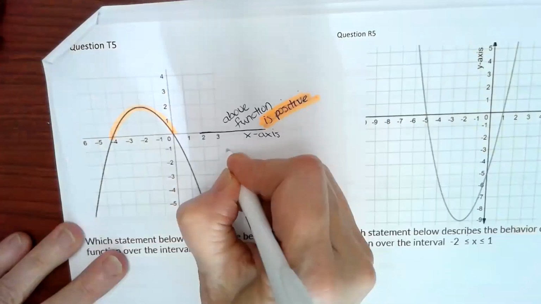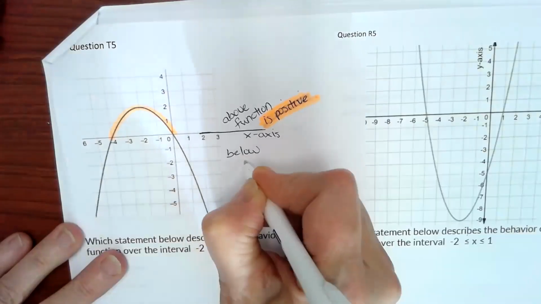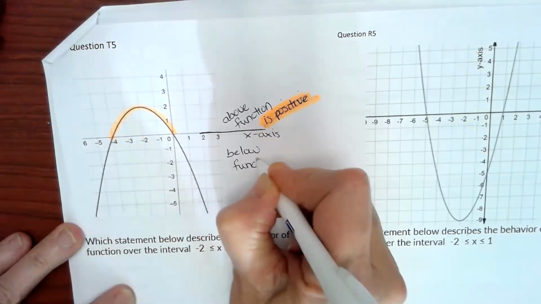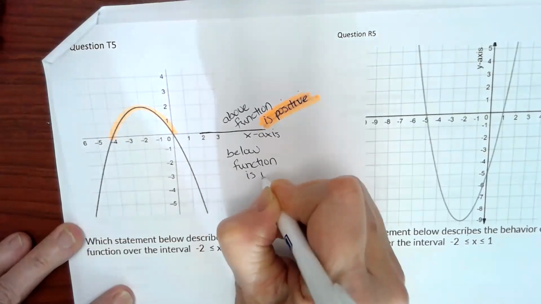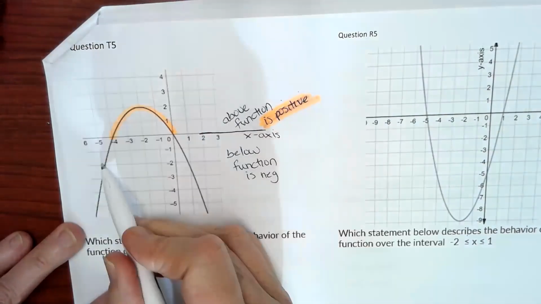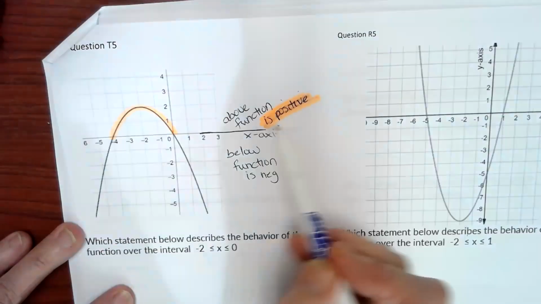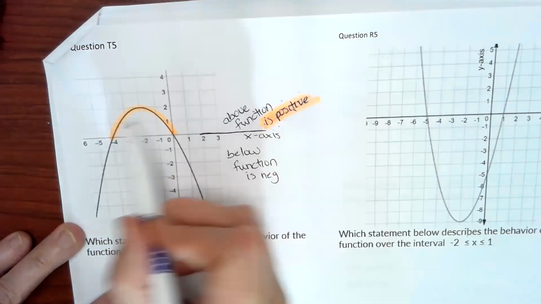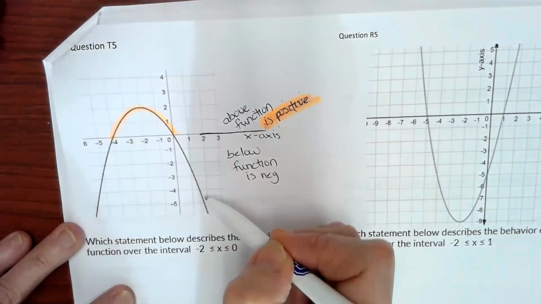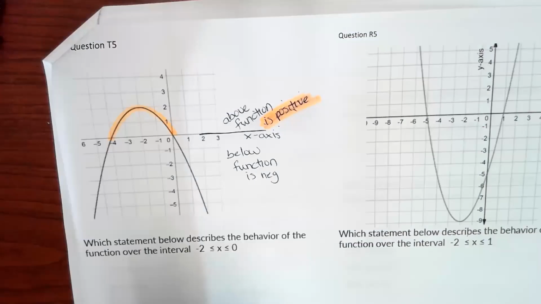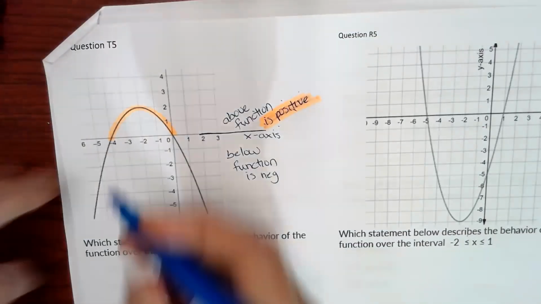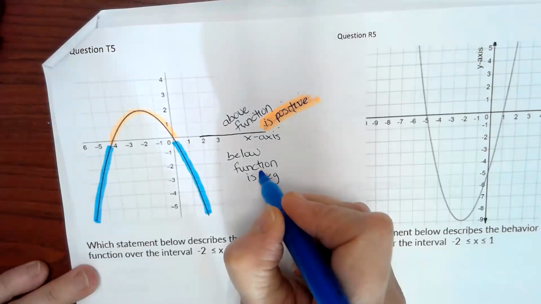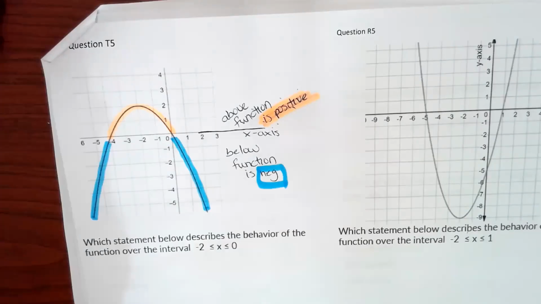When we are below the x-axis, our function is negative. Okay? In other words, what we're saying is the y values down here are negative. And up here, the y values are positive. So when you say a function is positive, you're saying the y values are positive. When you're saying a function is negative, you're saying the y values are negative. So I'm going to grab a different color here. Under the x-axis is where my function is negative.